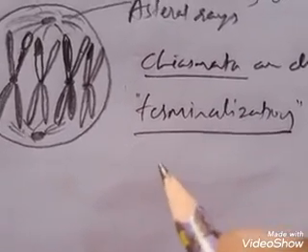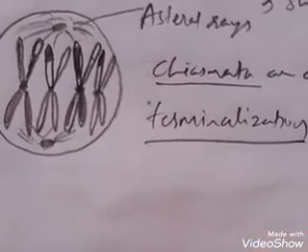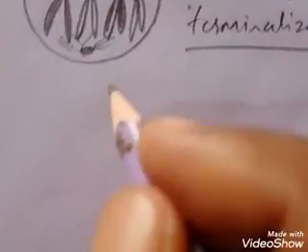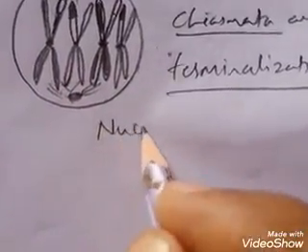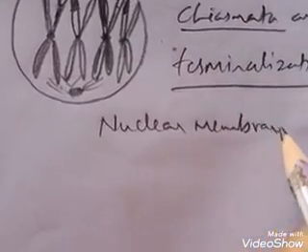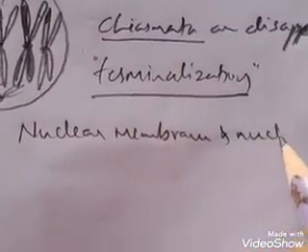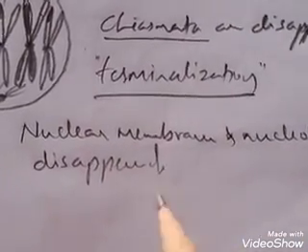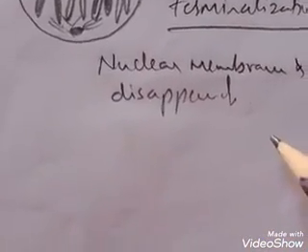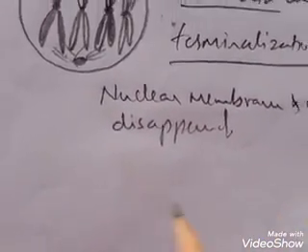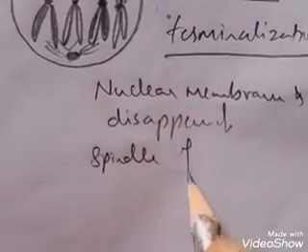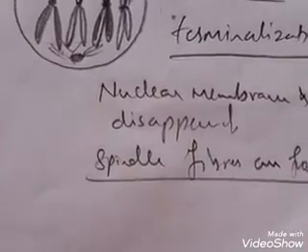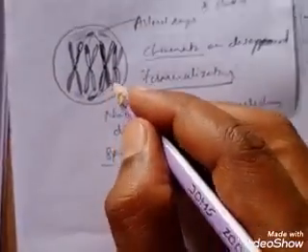Very important: the nuclear membrane and nucleolus both disappear completely, and spindle fibers begin to form. They start producing the spindle fibers like this, right?